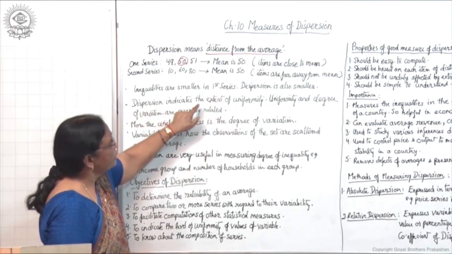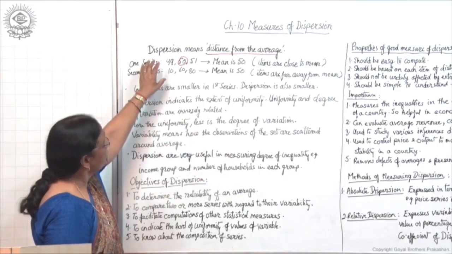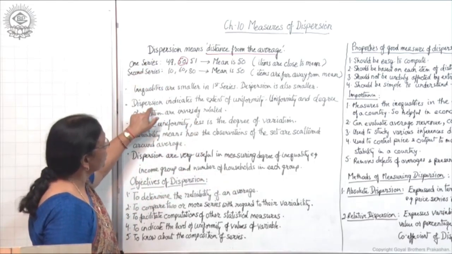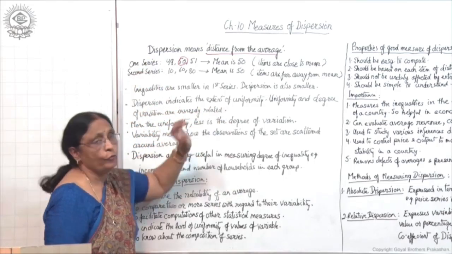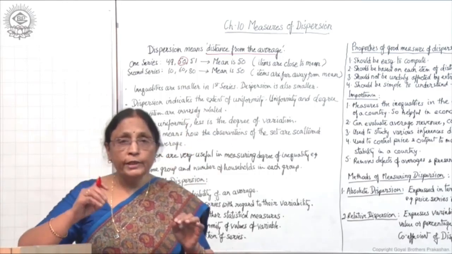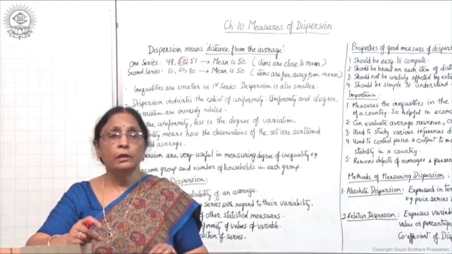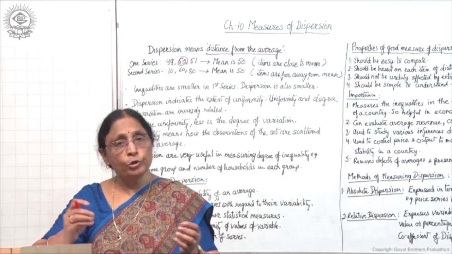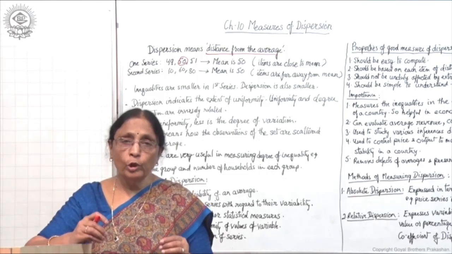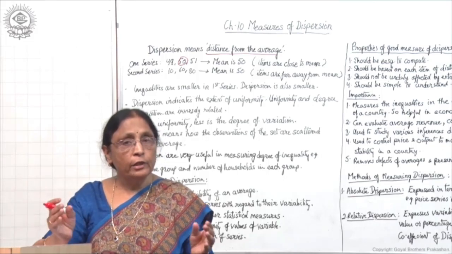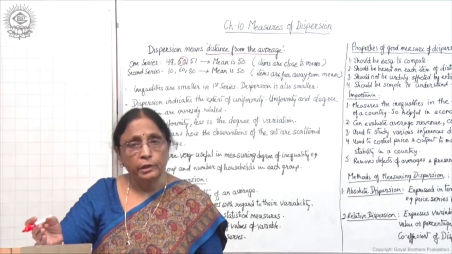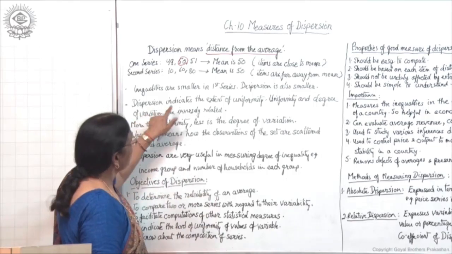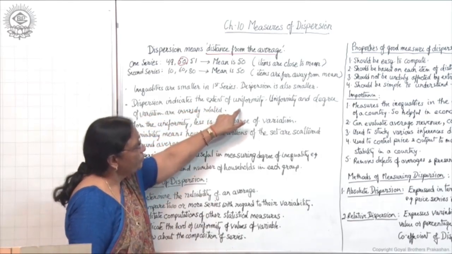Dispersion indicates the extent of uniformity. So from this we conclude that dispersion indicates the extent of uniformity. That means to what extent the figures are uniform, to what extent they are close to each other, or to what extent they are scattered or away from each other. So this way dispersion indicates the extent of uniformity.